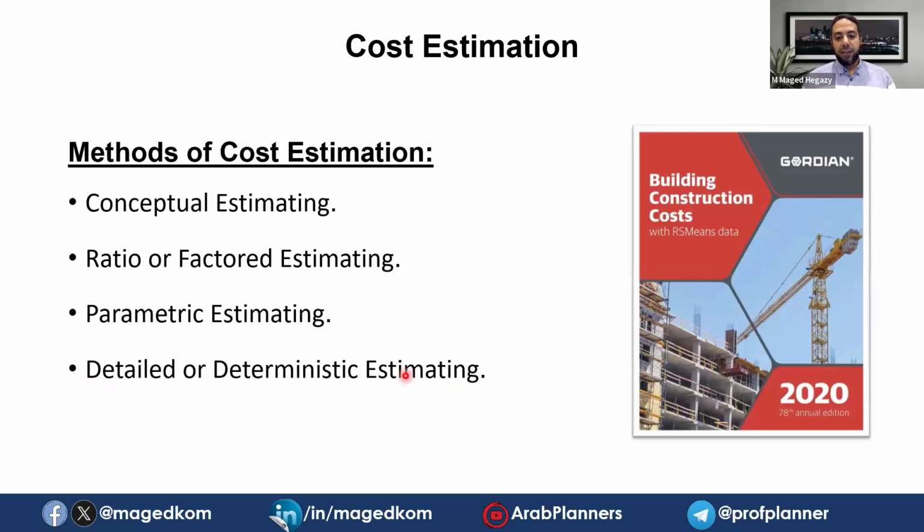One of the important things in estimation is to know the productivity of the resources, the productivity of labor and of equipment. You need to know this productivity to know the cost of these resources. One of the things we have here, RSMeans, is one of the references in the USA about building construction costs.